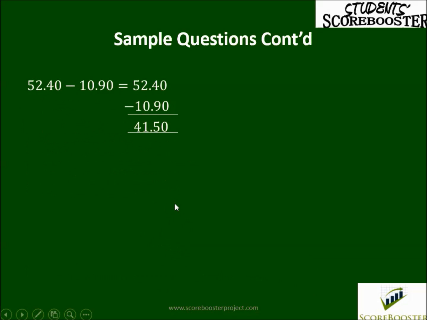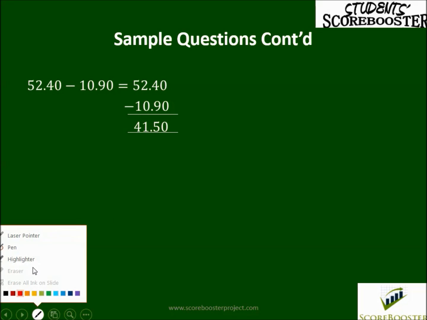By so doing, aligning the two numbers using their decimal points, 0 minus 0, 0 minus 0, you have 0, and here 9 is greater than 4. So all you have to do is borrow 1 from 2 here to make it 51, and here you have 14, because when you bring 1 over through the decimal point and add it to 4, you have 10.